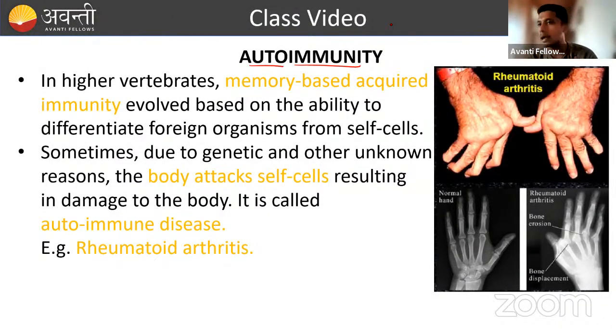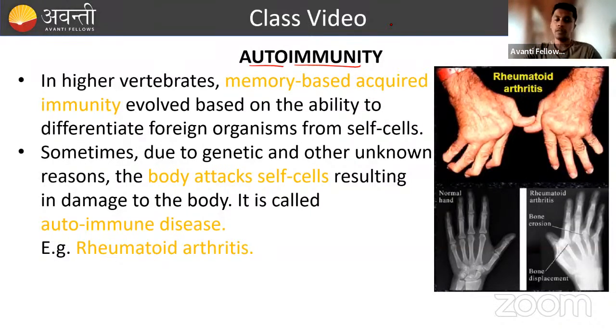What if you lose the ability to recognize who are your friends and who are your enemies? With panic, you might attack your friends also, or with acceptance, you might accept your enemies also. Two ways possible. Correct? Similarly, our body will lose the ability to differentiate between what is our self cell and what is our non-self cells. Let us see what is happening here.